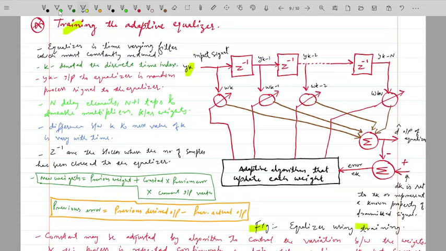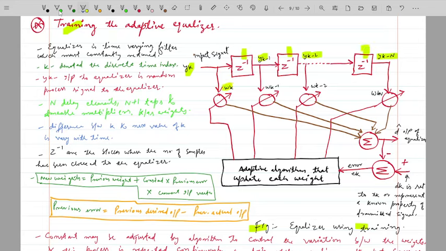So y of k minus 1 is another delayed input signal, clocked by this block, and then y of k minus 2 is also another input vector signal for the equalizer, clocked and retrained with the help of this block. This continues up to k minus n, which is retrained and clocked by this sample block.